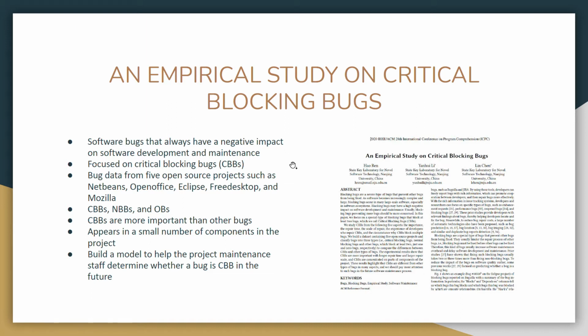They also summarize the 2 reasons why CBBs block multiple bugs. Because of that, to reduce the cost of CBBs on software maintenance or avoid such bugs as much as possible, they plan to build a model to help the project maintenance staff determine whether a bug is a CBB in the future. That's all about an empirical study on critical blocking bugs in the software maintenance process.